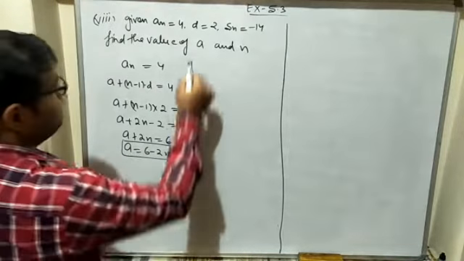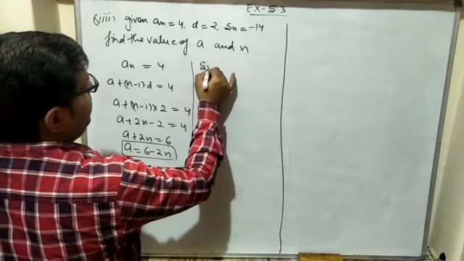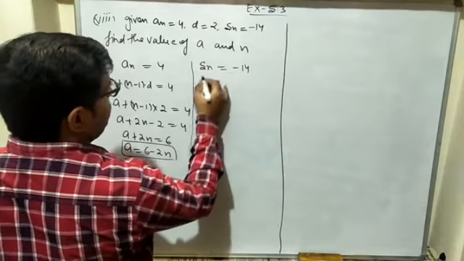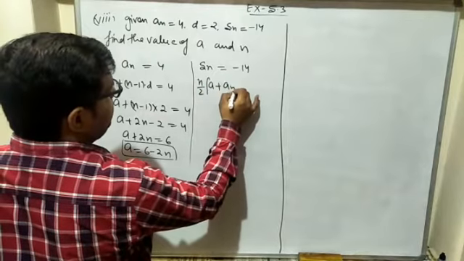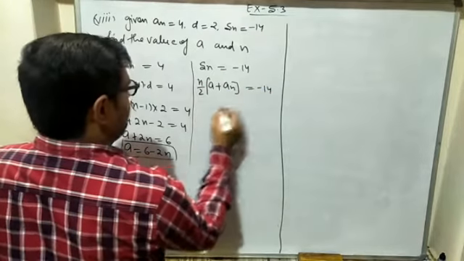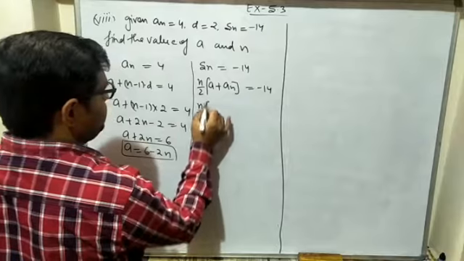Okay. Now we have given that Sn equal to -14. In place of Sn, n/2 (a + an) equal to -14, n/2 as it is.